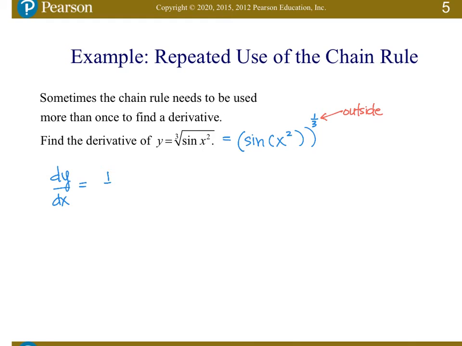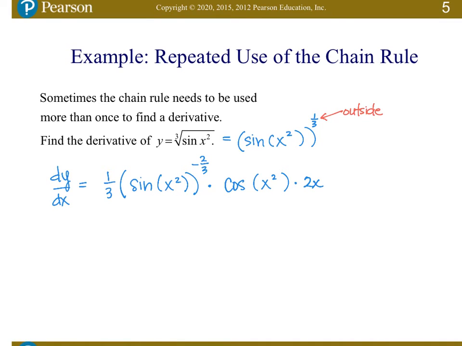would be the outside function of 1/3 times the interior of the sine of x squared, and then we reduce that power to negative 2/3. The next link in the chain would be the derivative of sine, which is cosine, leaving me with x squared, and then finally the derivative of x squared, which is 2x.